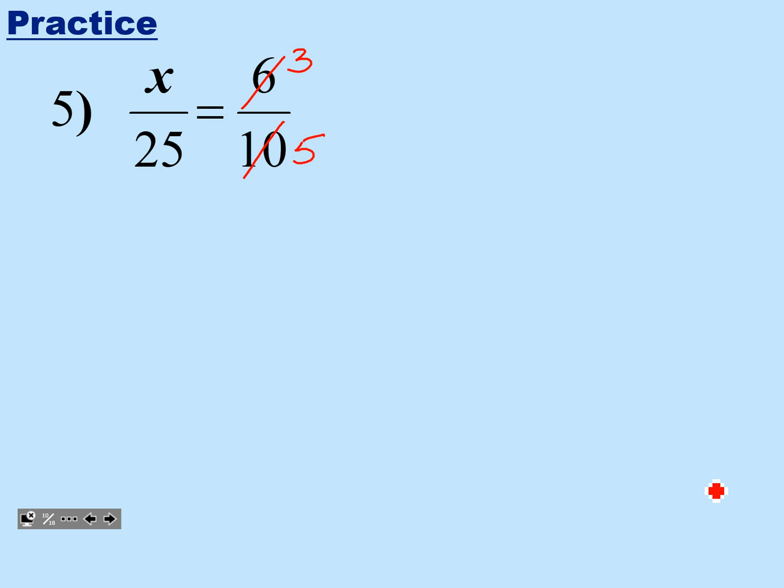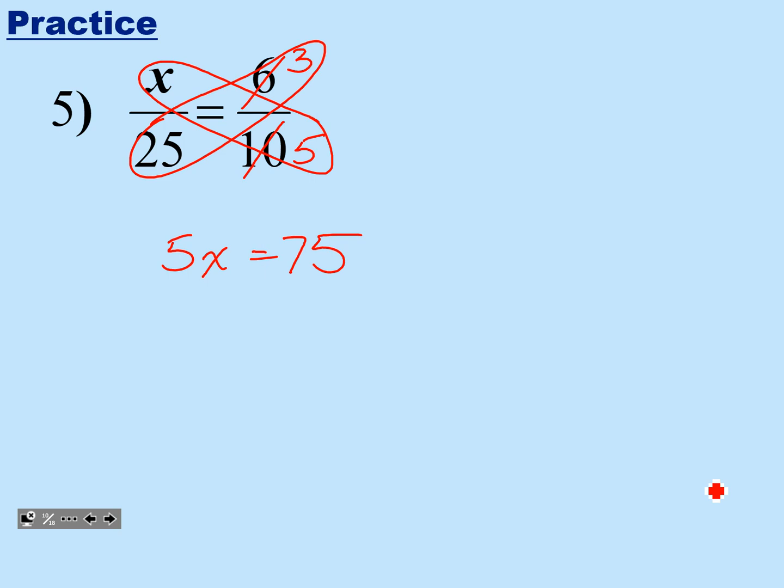So now what I'm going to do is cross multiply. X times 5 is 5x. 25 times 3 equals 75. Divide both sides by 5. X will eventually equal 15.